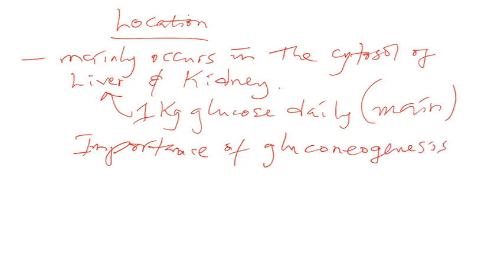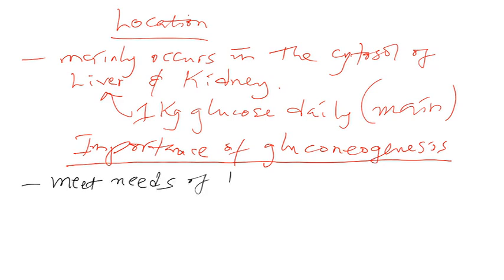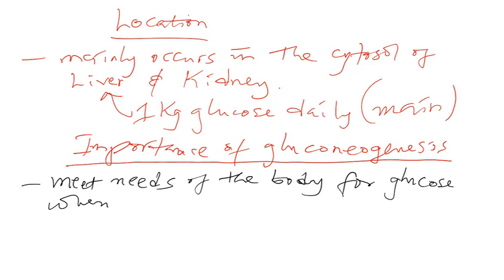It's important to remember that glucose is the main fuel in cells, and therefore gluconeogenesis aims to meet the needs of the body for glucose when carbohydrate levels are not sufficient or carbohydrates are not available.